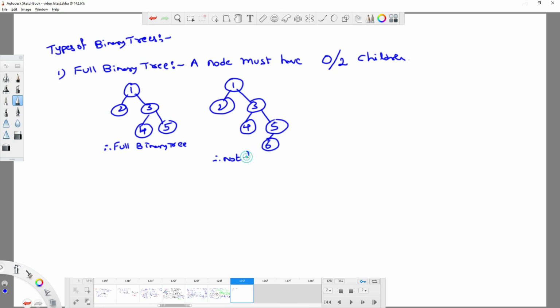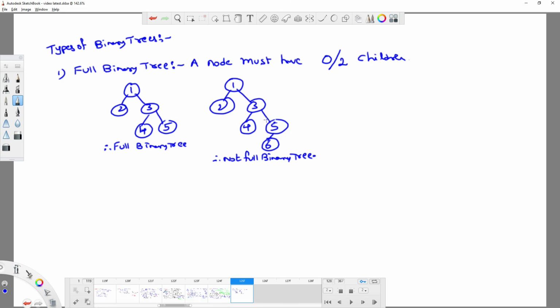It is not a full binary tree because the node 5 has 1 child. It should avoid single children. It should have either 0 or 2. Can it have beyond 2? No, it won't come under at least binary tree also. This is the meaning of full binary tree.